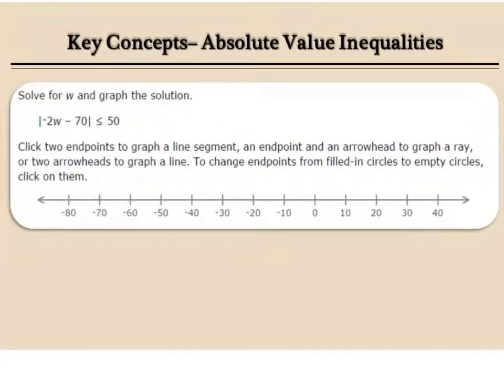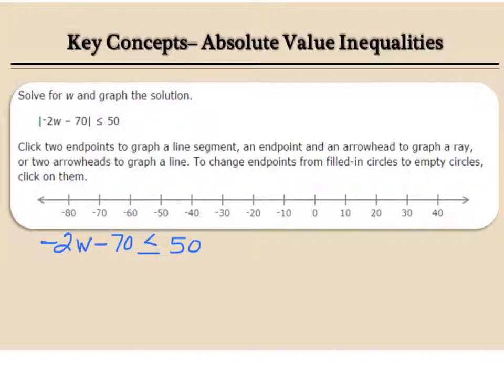Here's my next example. The absolute value of negative 2w minus 70 is less than or equal to 50. Now the absolute value is already on the left, so all I have to do is rewrite it without the absolute value symbol. Alright, here's the problem.